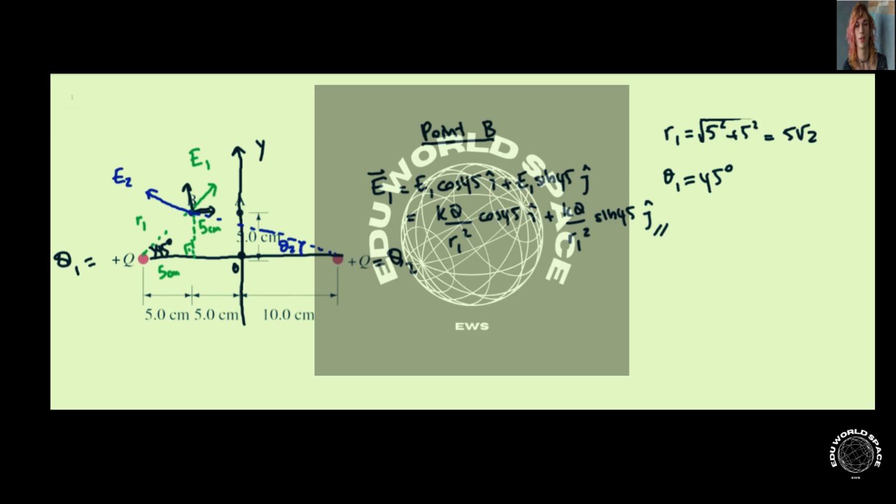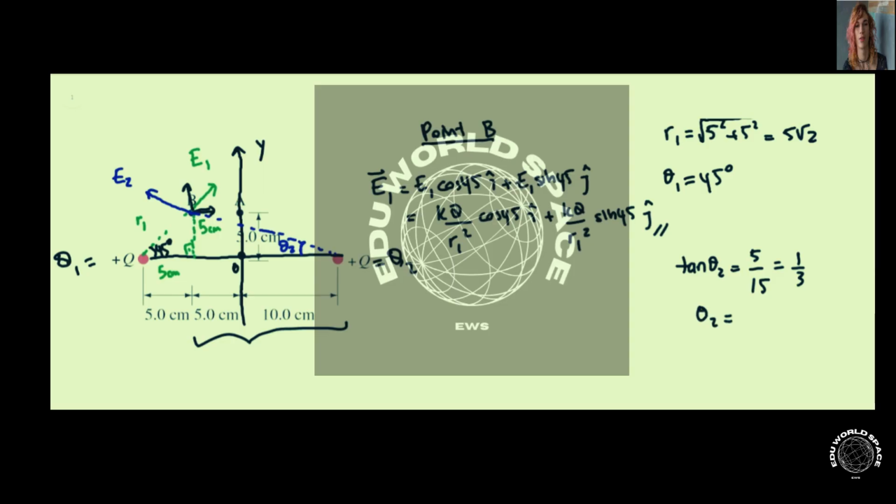How are we going to determine this theta 2? You see this triangle here. In order to calculate what theta 2 is, we can look at the tangent of theta 2. Tangent of theta 2 is going to be equal to 5 over 15, which is 1 over 3.